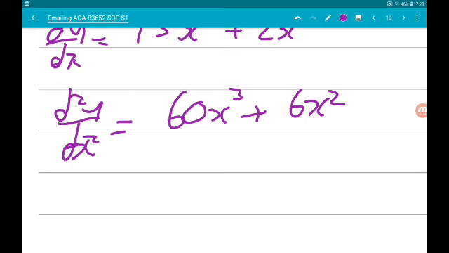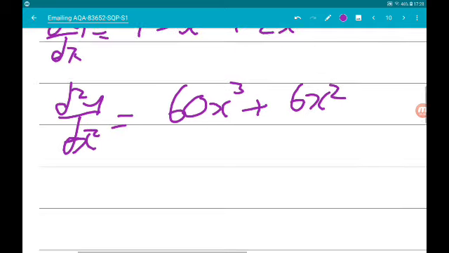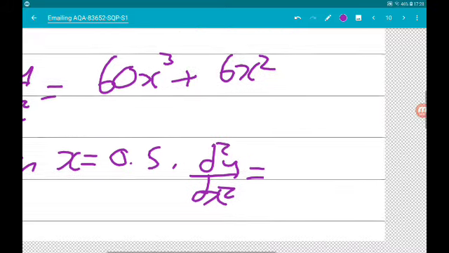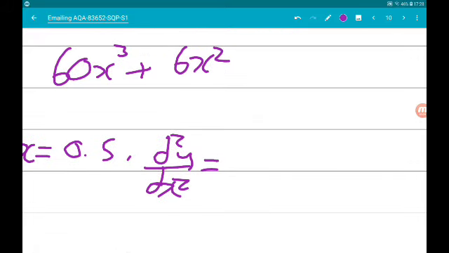Okay, so now we want to substitute in x equals 0.5. So we're going to get 60 times 0.5, cubed. Now you can of course do this with your calculators. I'm going to try and do it in my head though.